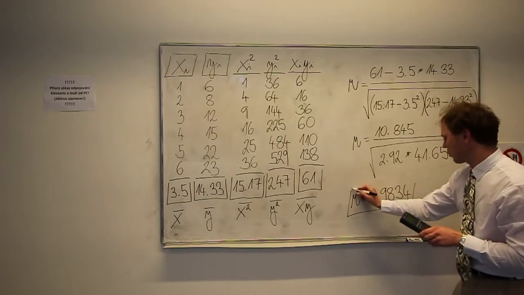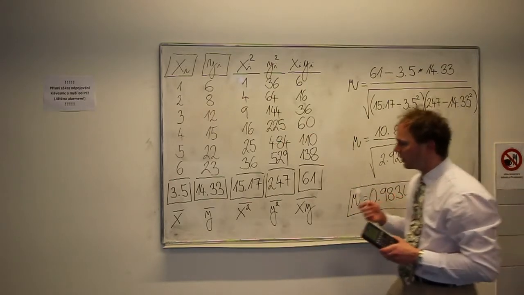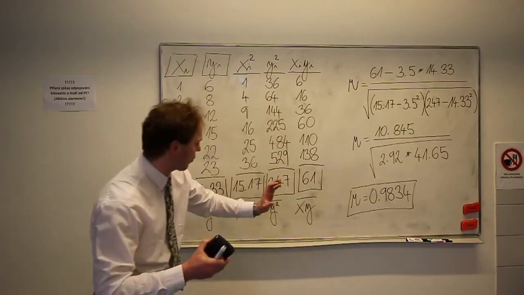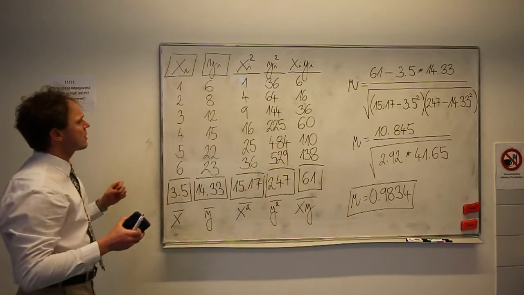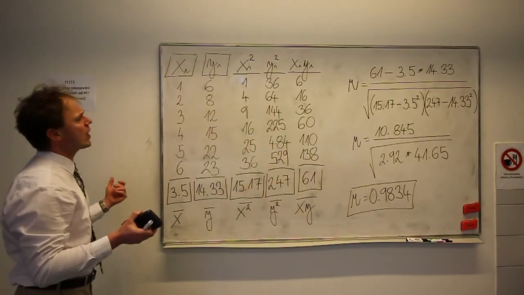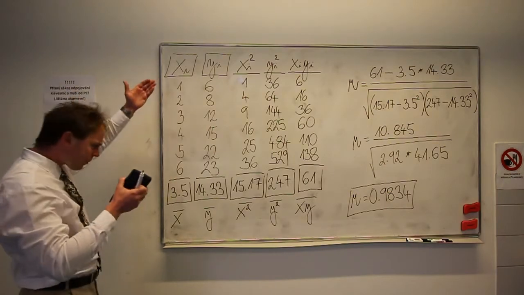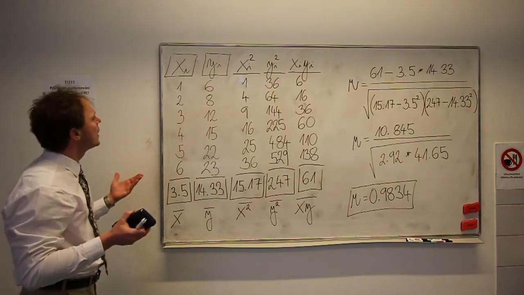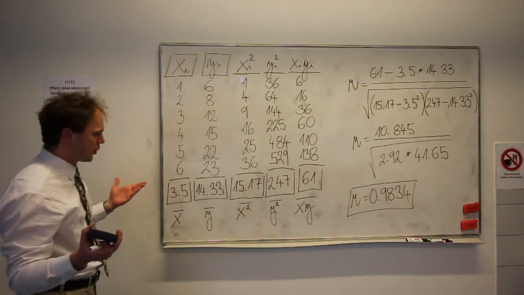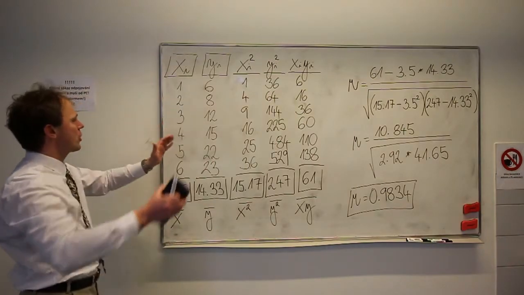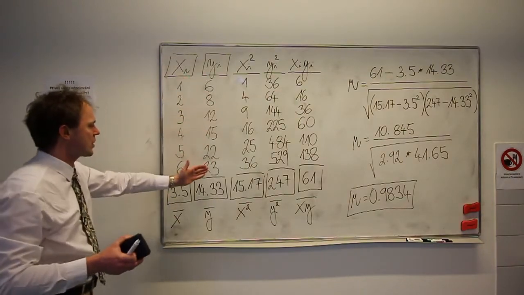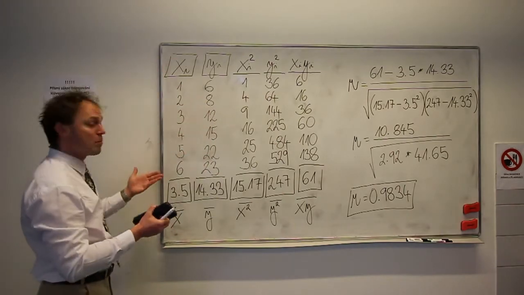0.9834. So this is the correlation coefficient, the correlation between variable x and variable y, correlation between number of members in the household and monthly expenditures, or correlation between monthly expenditures and number of members.